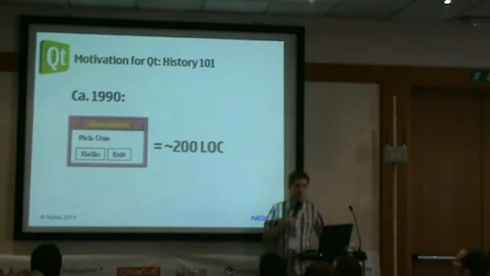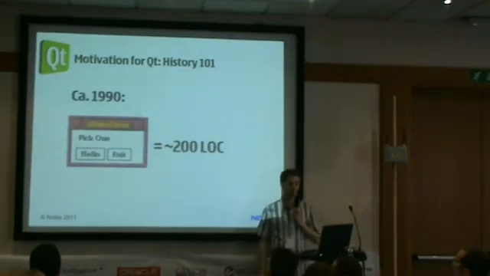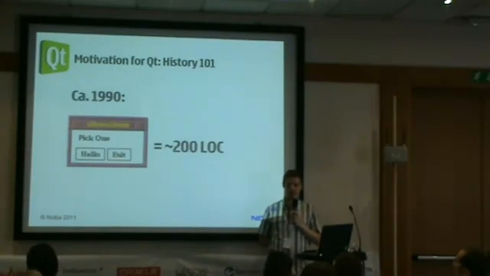So what was the reason behind Qt? Why was it started? In the late 80s and early 90s, the then available widget sets or user interface toolkits were really primitive, really awful to use.